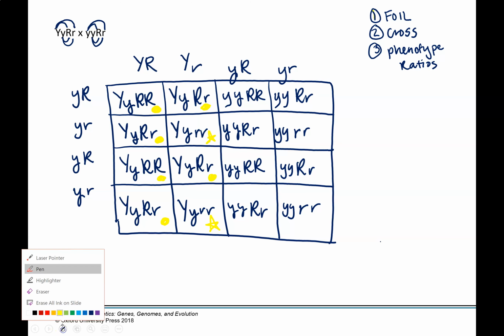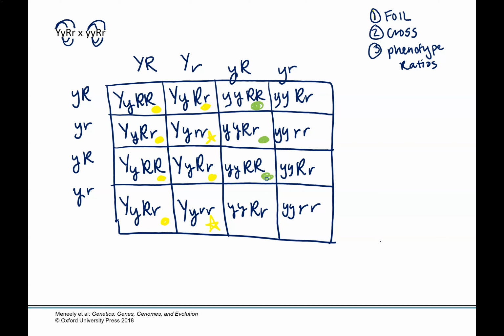Then after that, we switch over to green. So we have green and round, this whole first row, and then green and round, green and wrinkled, green and round, green and wrinkled.